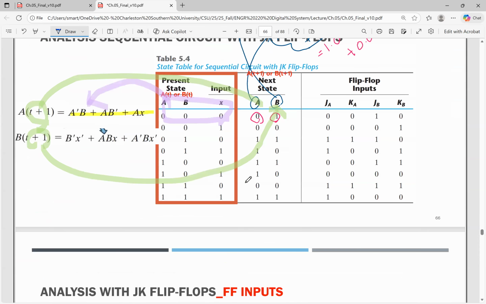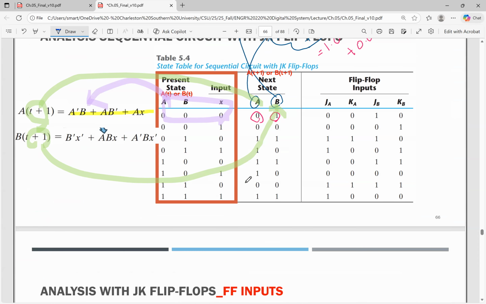And then just like J A K A, we can extract from the previous one the present state, input, and next state. For example, 0, 0. Okay, let's say 0 to 0.